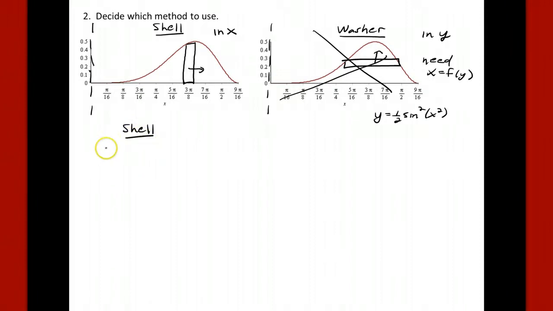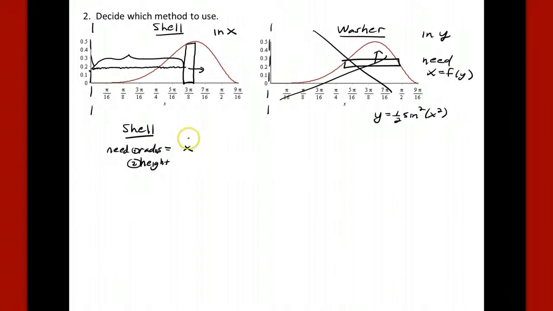With shell, what we need is a radius and a height. Two things. The radius is the distance from the axis to the rectangle. This distance here. That distance happens to be the distance off of the y-axis. Okay.